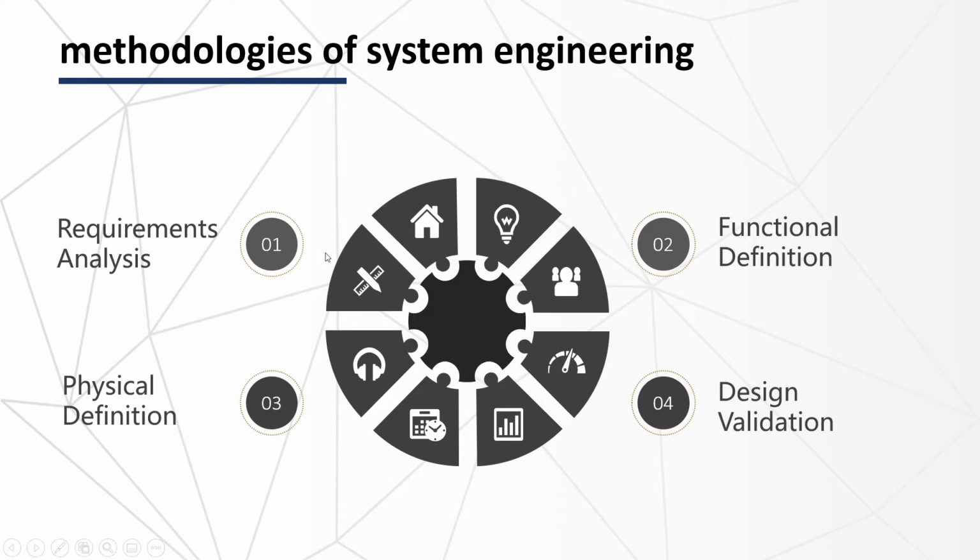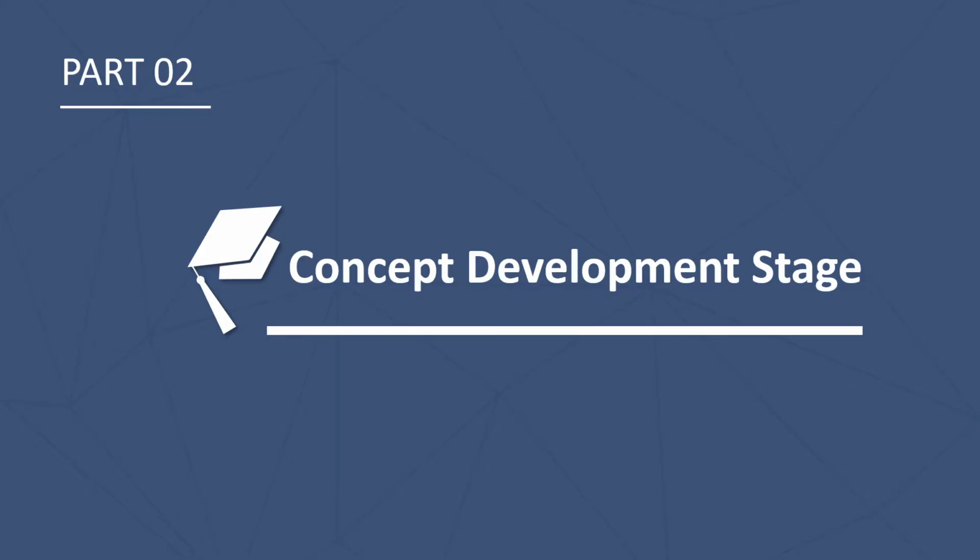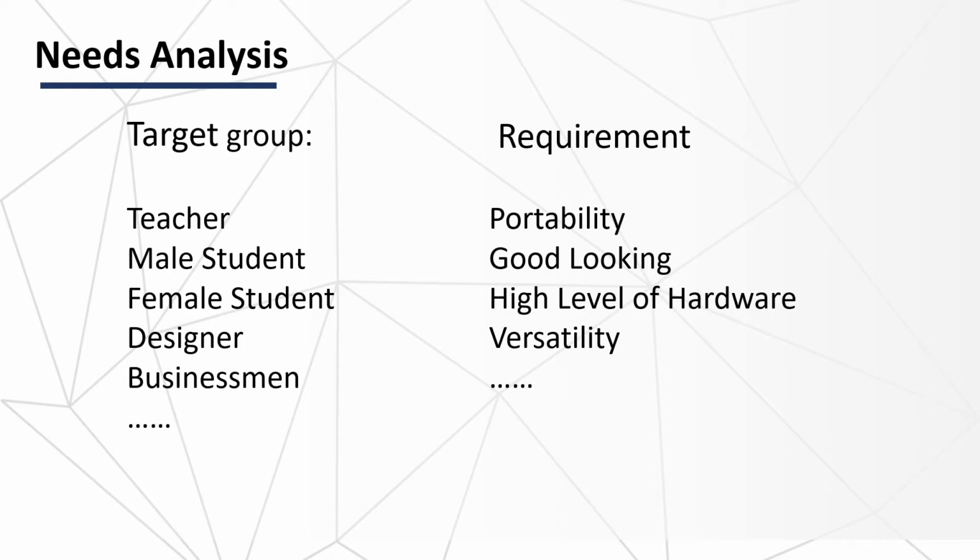So let's jump to the next part, part 2, the concept development stage. For needs analysis, which is also known as requirements analysis, let me introduce the definition. If we want to analyze what a product should work for and who the product should work for, we need to know the target group.